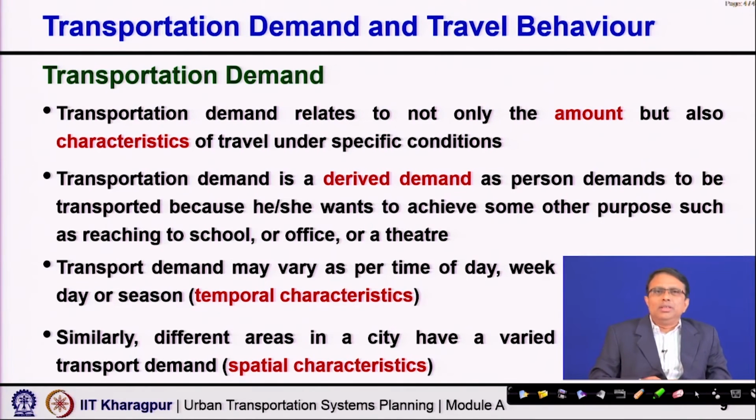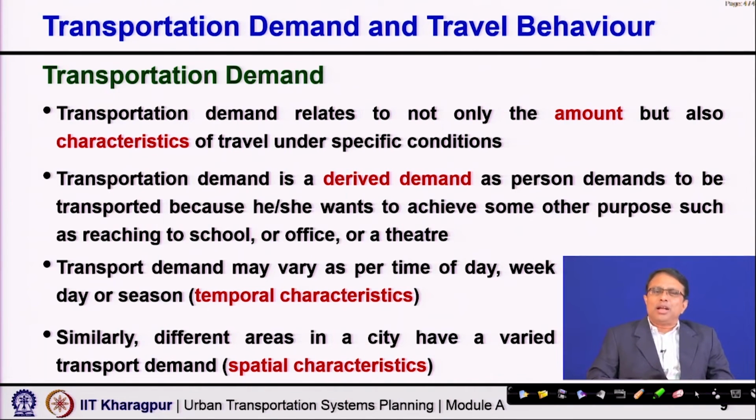The two other important things: one is the temporal characteristics of the demand. Road is a physical infrastructure, right. Once we develop a 2-lane road or a 4-lane road, the capacity, how many vehicles it can accommodate per hour, is fixed, but your demand is not fixed over time.